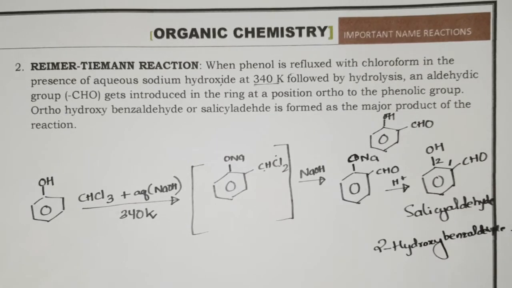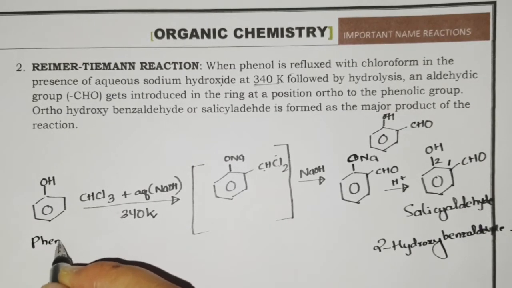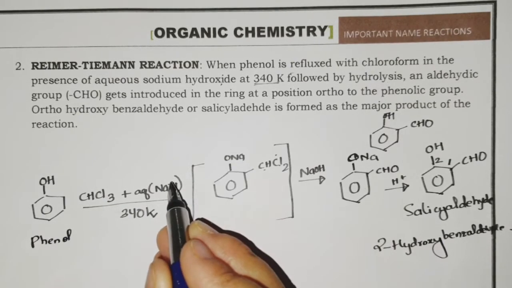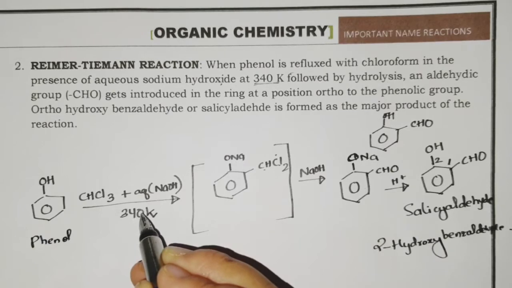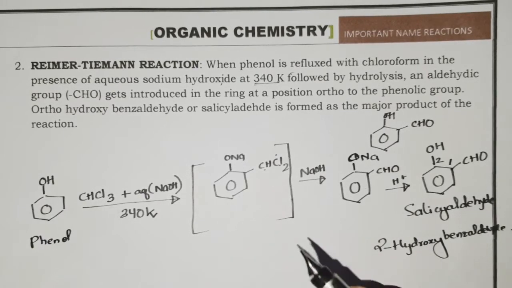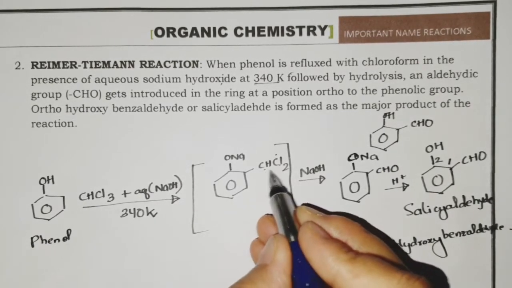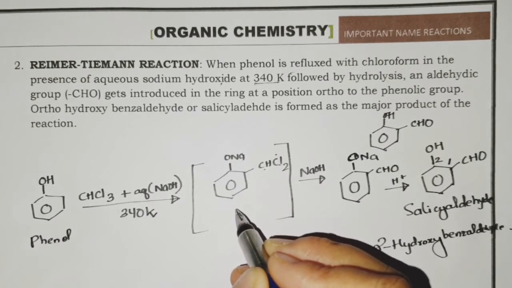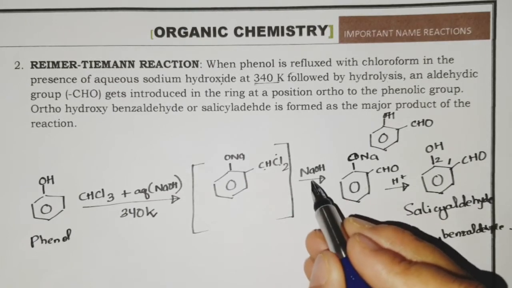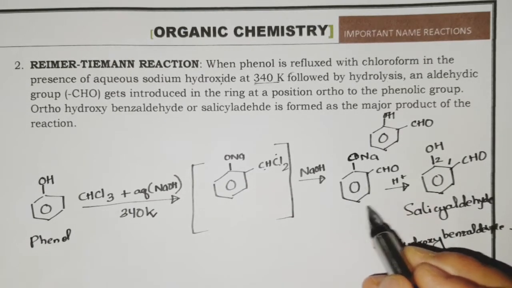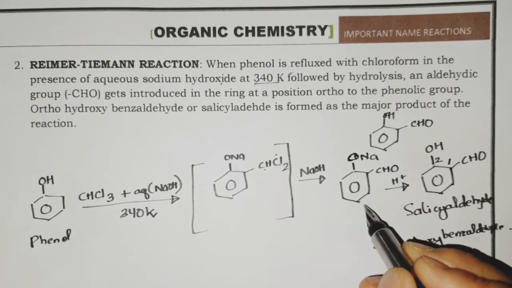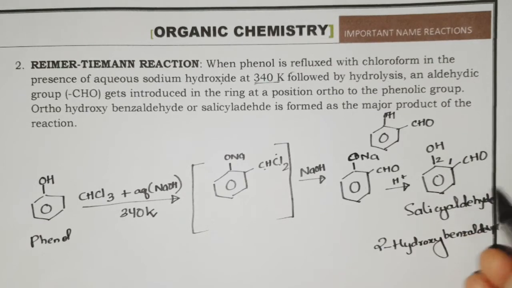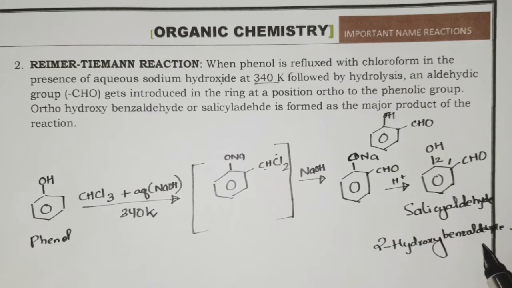So what is Reimer-Tiemann reaction? Phenol is refluxed with chloroform and aqueous sodium hydroxide at 340 Kelvin to get a very unstable dichloromethyl substituted phenol. Then upon reaction with sodium hydroxide this will give sodium salicylaldehyde, and upon hydrolysis gives 2-hydroxybenzaldehyde.